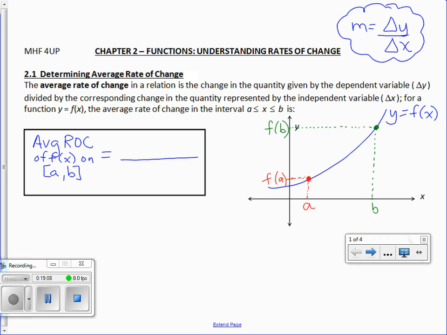What's your y2? f at b minus f at a, all over the change in x, b minus a. There it is. What is this going to tell you? It's going to tell you the slope of this line.